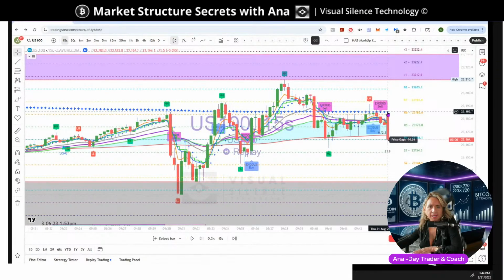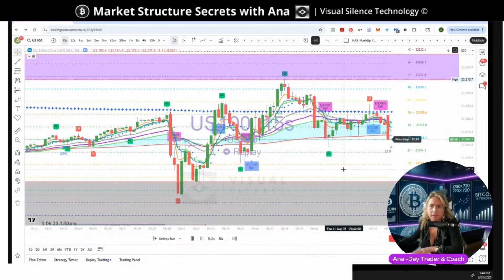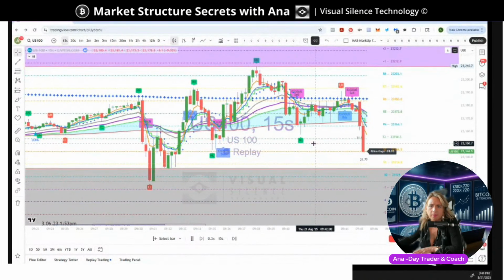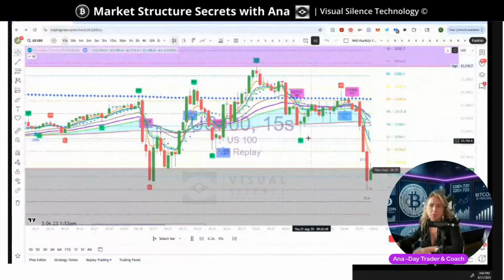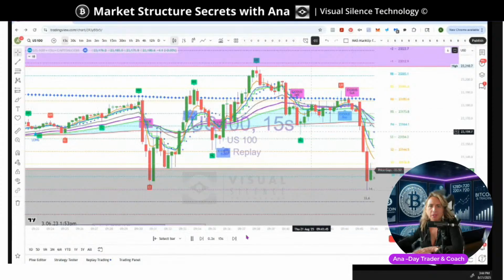Okay, so let's see if this ends up running correctly. What time is it? It is right at news, though, so that obviously is going to make a big difference. Okay, it did go to where we wanted it to go, and look at that long run off of the 800.